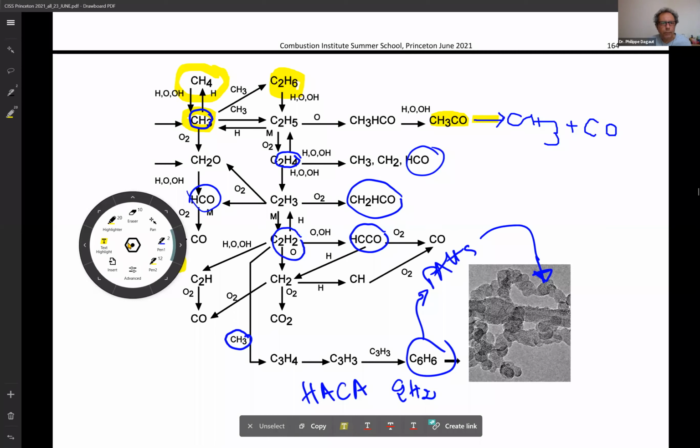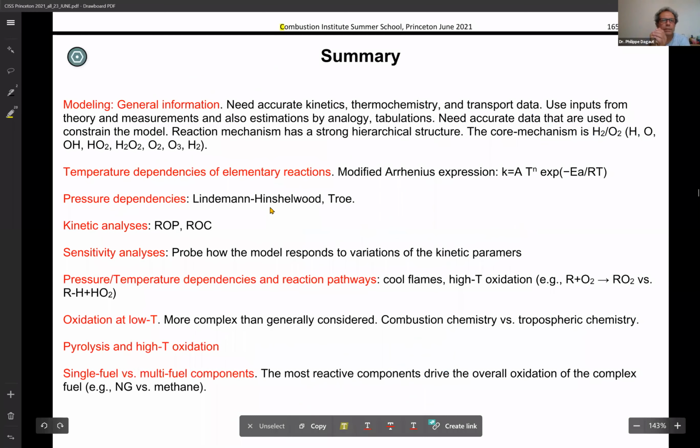So I will summarize what we went through so far. To proceed with chemical kinetic modeling, we need accurate kinetics, thermochemistry, and transport data. We will use inputs from theory, measurements, and also estimations of rate constants by analogy or tabulations.